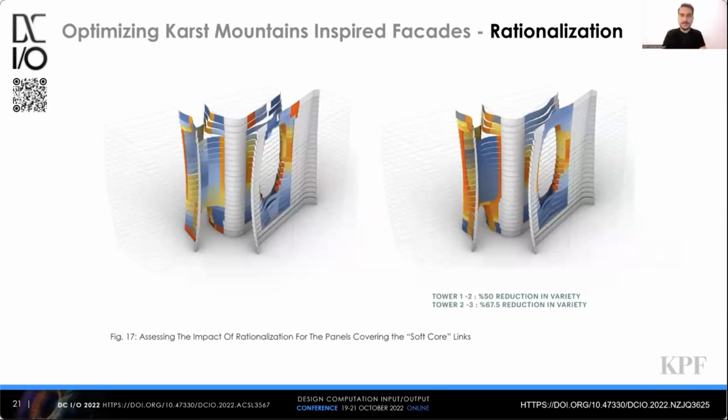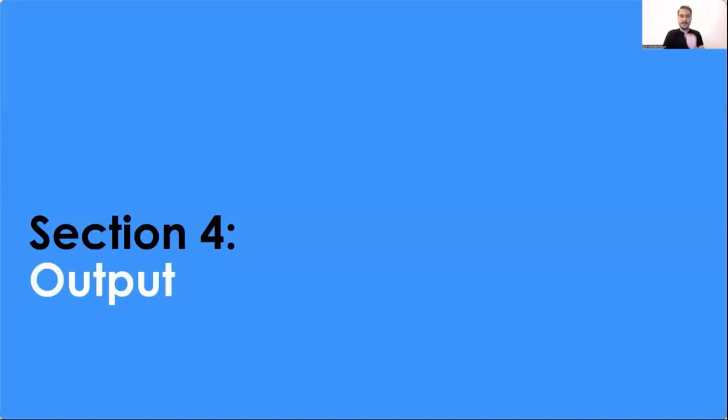For wall type 2, we were able to reduce the variety approximately 60% in total, which was really impressive, because we were thinking, oh my God, this is a very complex geometry that we cannot describe. But after spending some time, it was good.